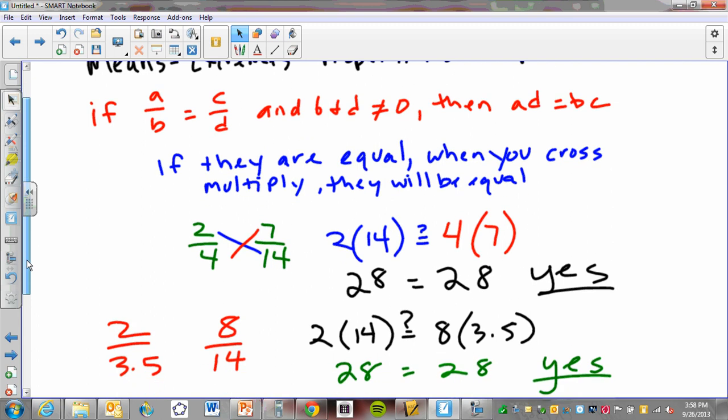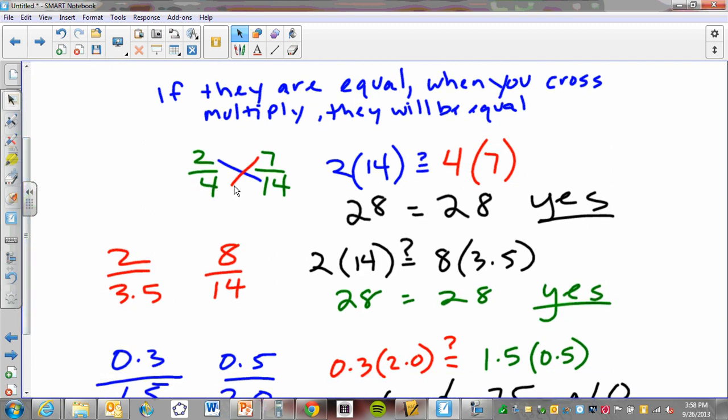So if we have 2 over 4 and 7 over 14, cross multiply: the top number of the left with the bottom number of the right, and the bottom number of the left and the top of the right.